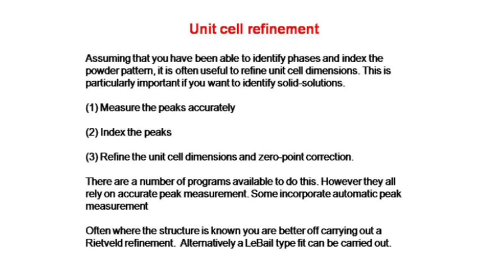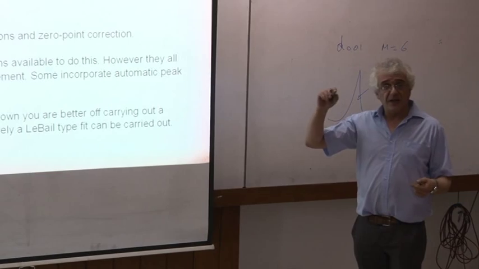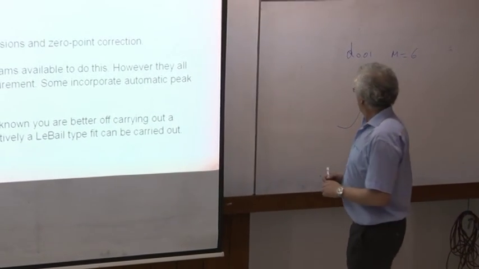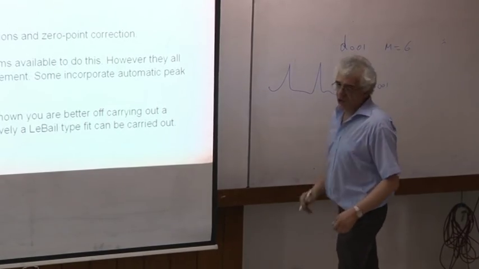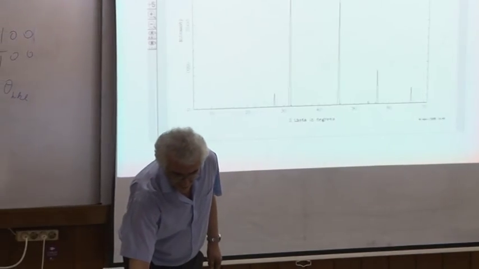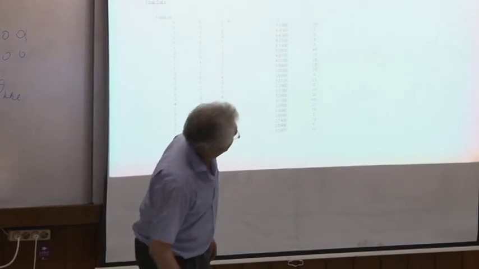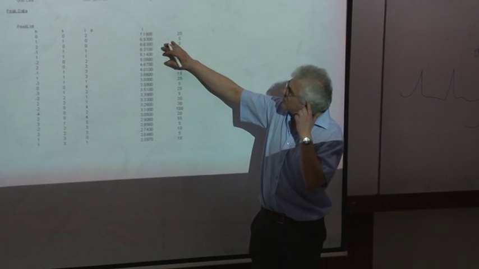So, assuming you've been able to identify your phases and to index them, to index the HKLs. If you have a powder pattern, you compare that with the literature, using your PDF pattern. So here we have a list of HKLs and the d-spacings and the intensities.